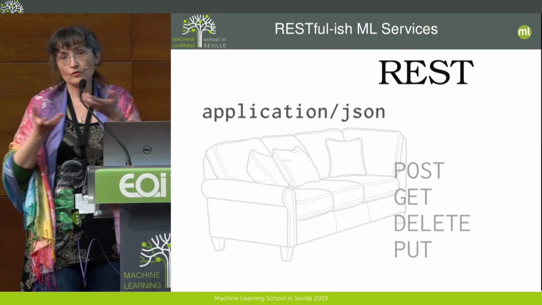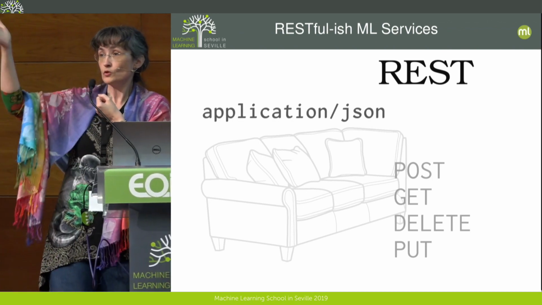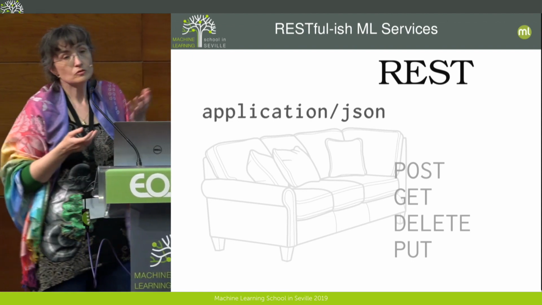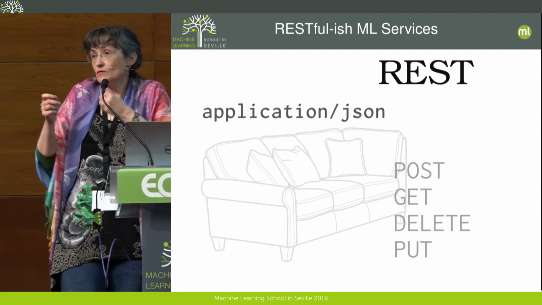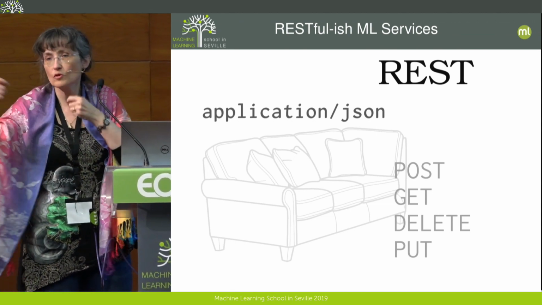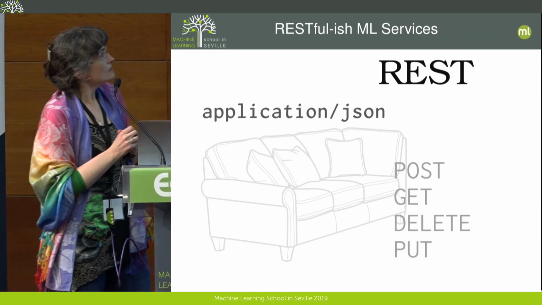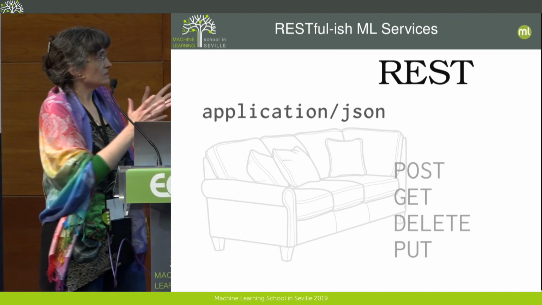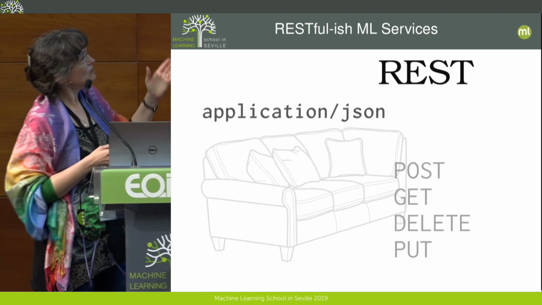When you get things, of course, you retrieve the information that you have previously created. When you delete, of course, you delete, and when you put, you just update some of the contents. Maybe in this case, the name of a data set or the name of one field. These operations are naturally mapped to HTTP because it's the traditional protocol.